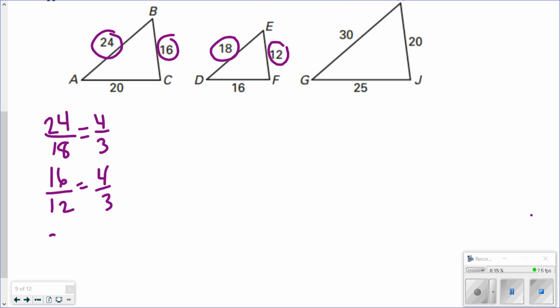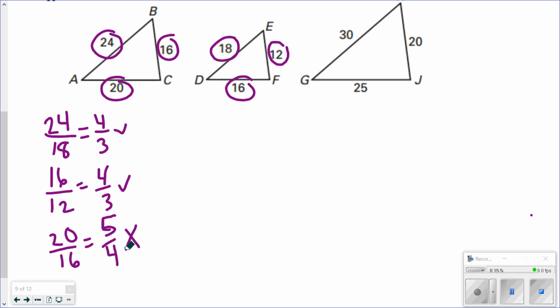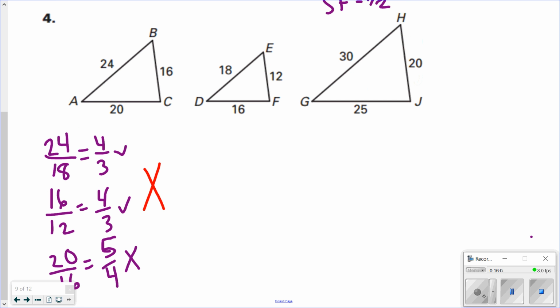Now let's look at 20 over 16. And when we simplify this, we end up getting 5/4. So these triangles then are not similar. Even though these ones work out, this one here messes it all up. So I know that the first and second triangle are not similar.